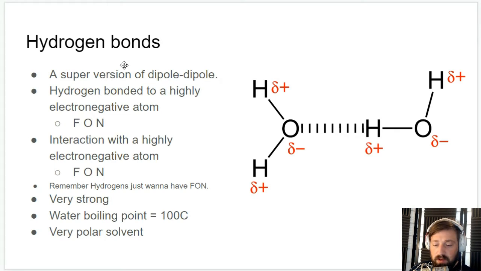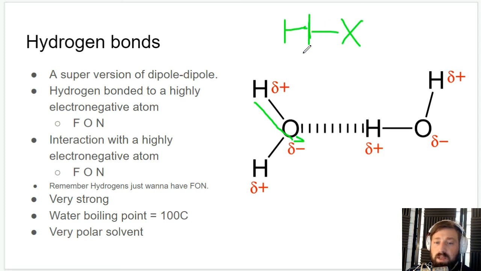If you want to take the dipole-dipole interaction and turn it up to 11, what do you need to do? Well, you need something that is very electronegative. You need the electrons to really be on this side. So think about what kind of situation you need to be in. You need to have some atom connected to a hydrogen.